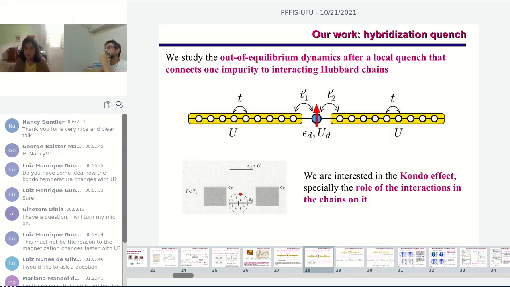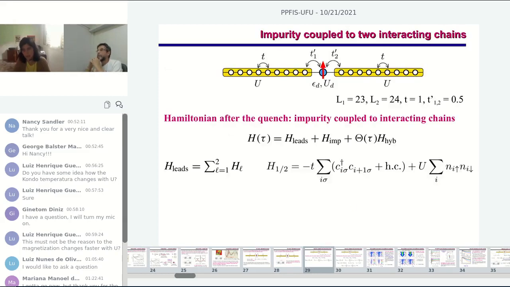So we want to see what happens with the Kondo effect in the presence of these interactions in the wires. T here is the hopping. So the electrons can hop from one side to the other, and the probability of this hopping happening is given by T.